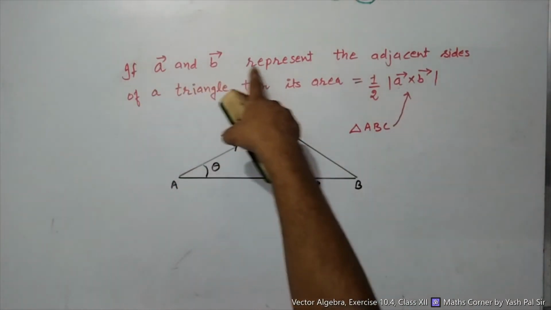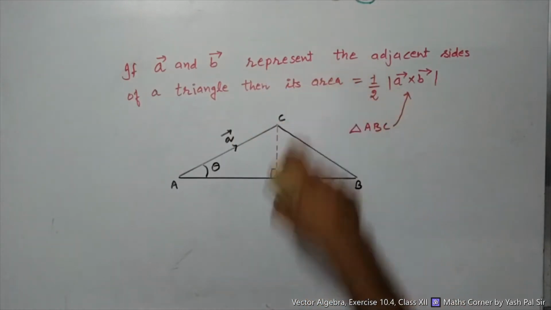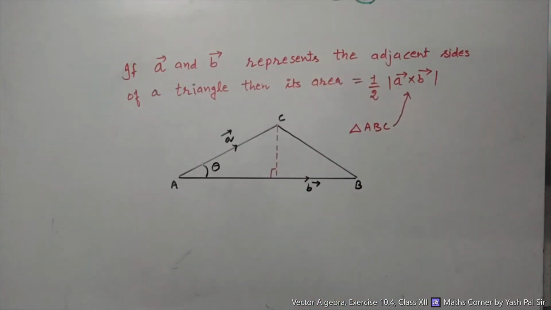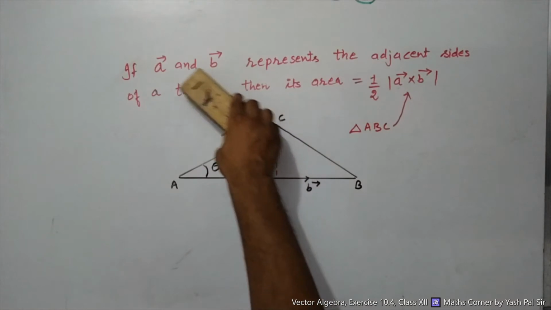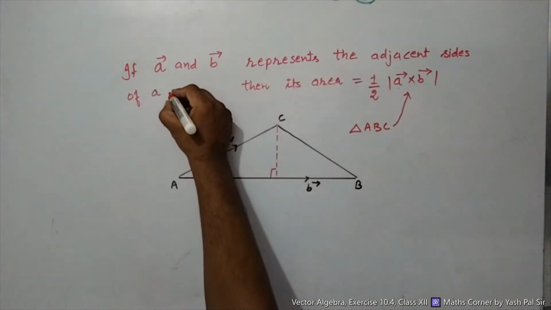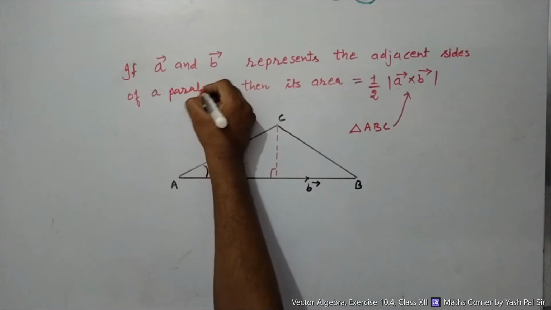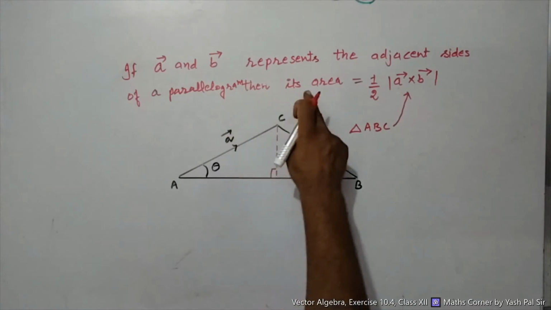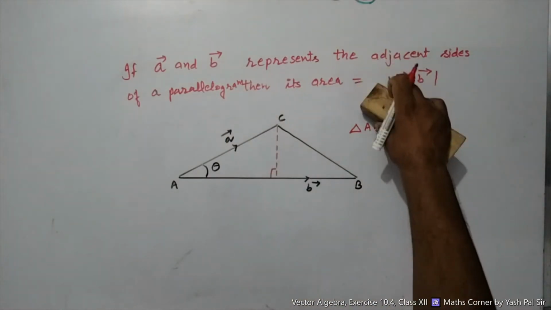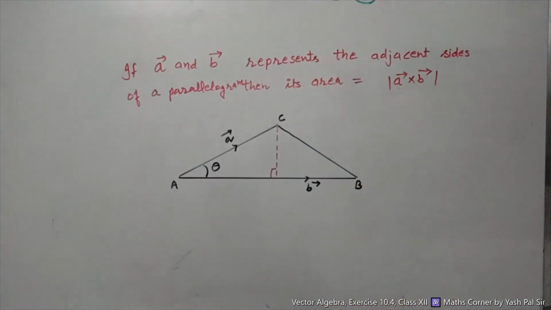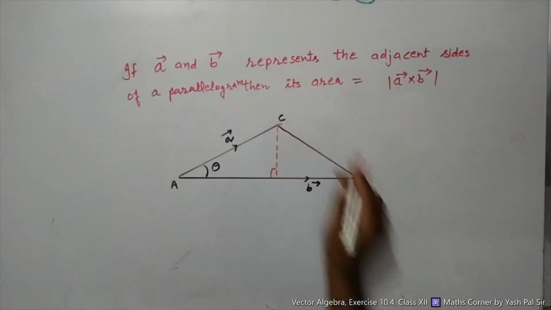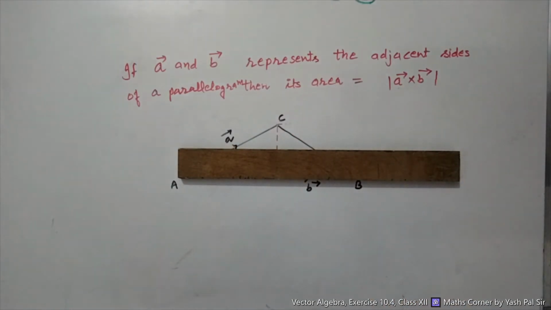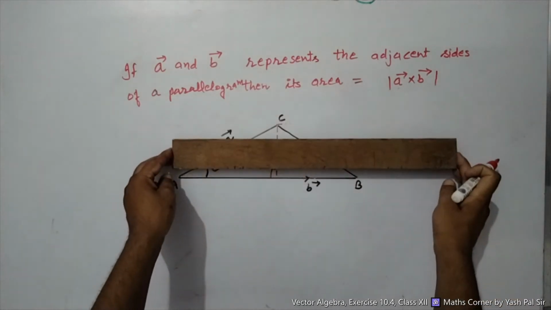Similarly, if vector A and vector B represent the adjacent sides of a parallelogram, then its area will be equal to, half is erased here, area will be equal to, because parallel to AB we can draw the line this way.